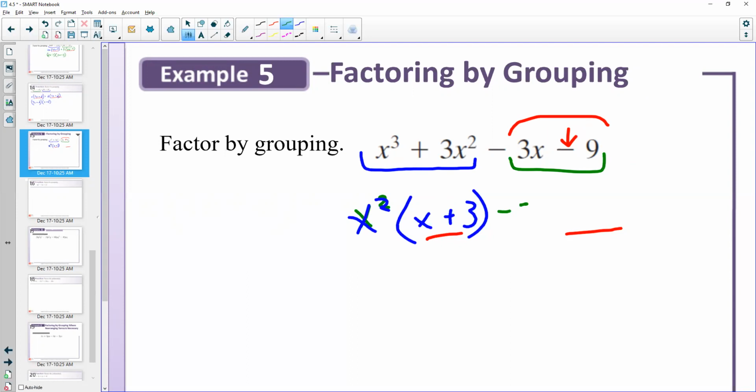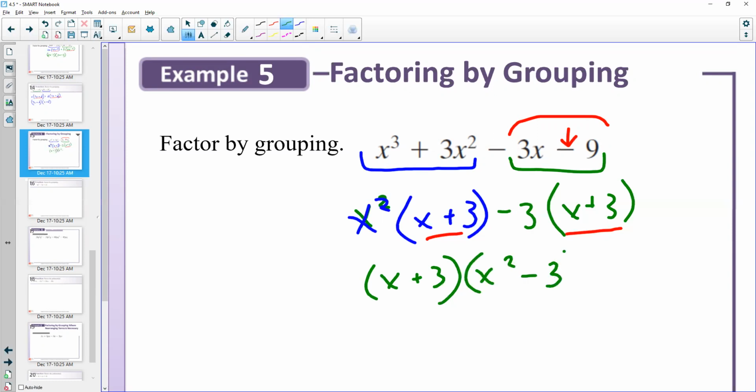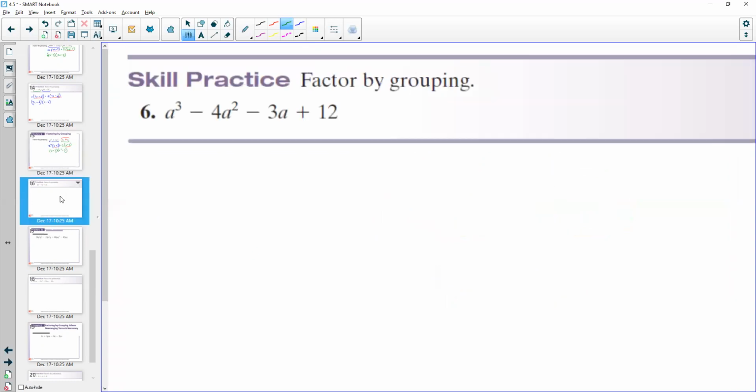That's going to leave me with an x, and I'm going to flip that second sign, plus 3. And now my binomials match. Now that they match, I can pull them to the front. There they are, and gather up what's left. Okay?